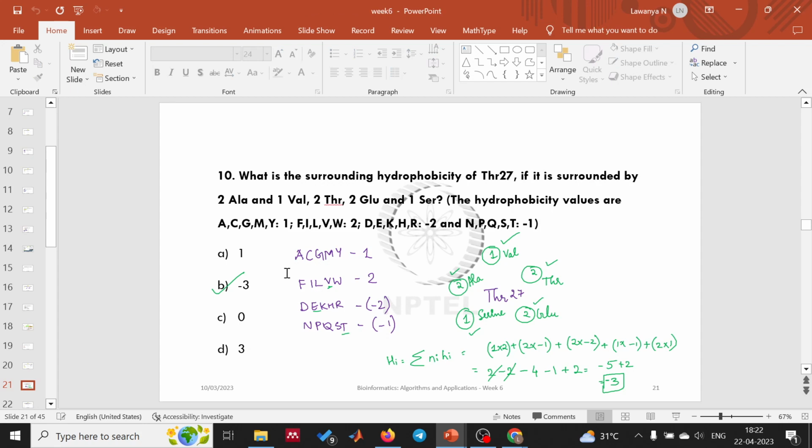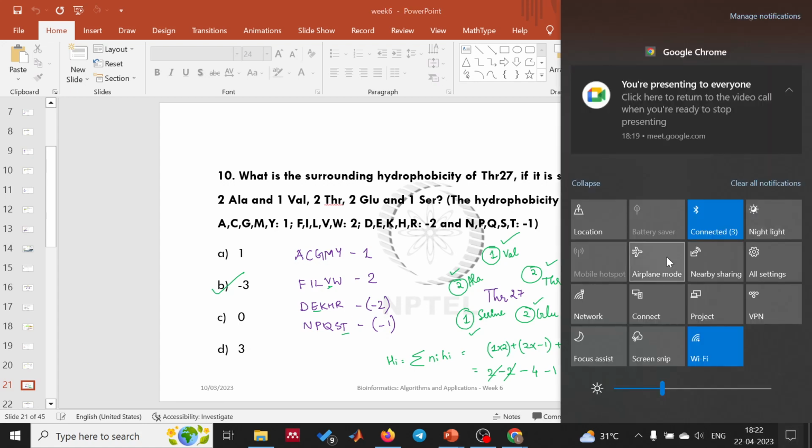Actually, there's a power cut here, so I hope nothing stops. One second. I hope I'm still on.